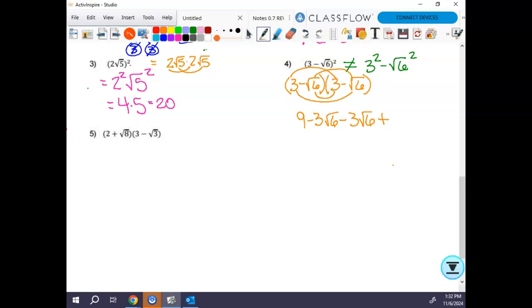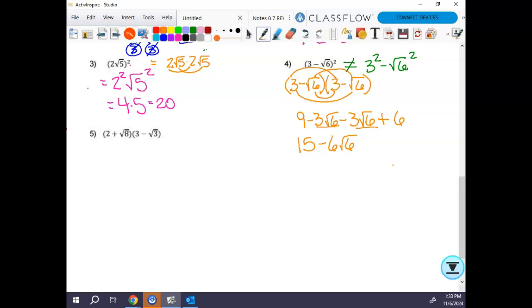And square root of 6 times the square root of 6 is 6. So then when I clean this up, the 9 and the 6 I can add together, so that's 15. And then negative 3 square roots of 6 and negative 3 square roots of 6, that's going to be negative 6 square roots of 6. And that's the best I can do.